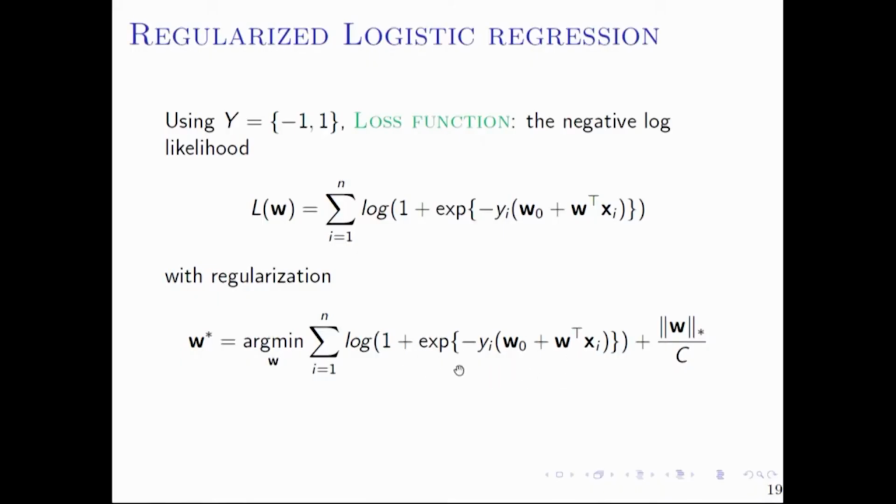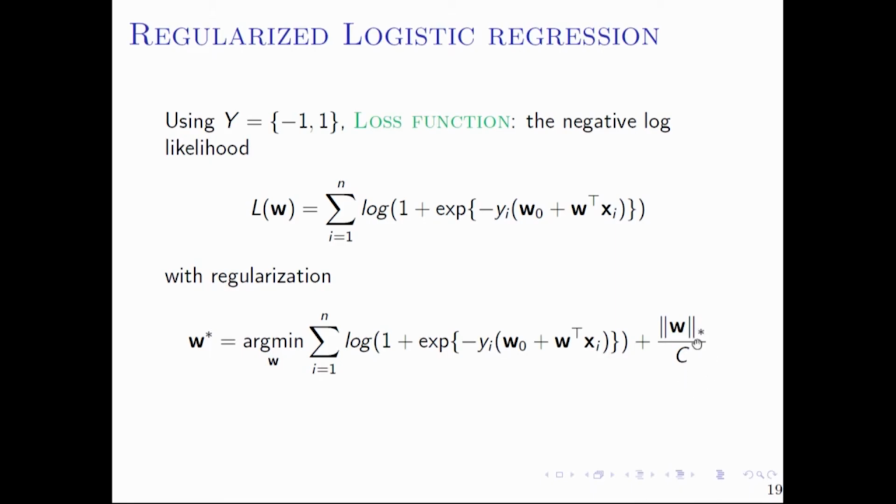In general we use the L2 norm. L2 is not the loss here, right? So here, this part is the loss part. This is the log of the exponential of a linear function. This function is not a linear function. But this part is our regularization.